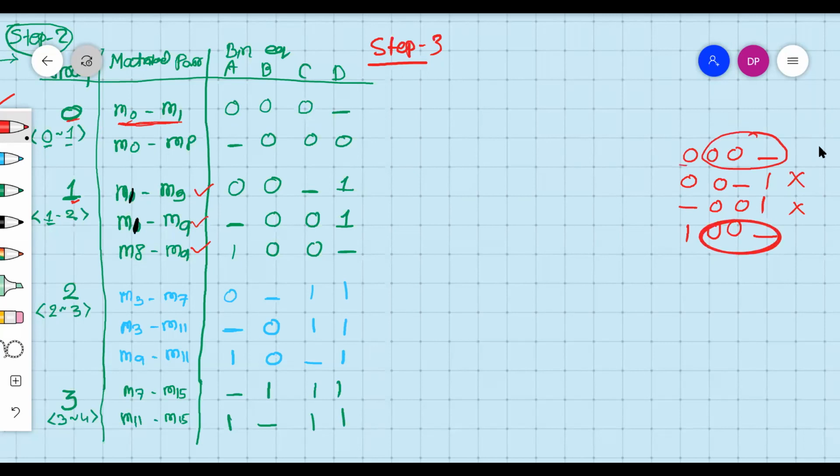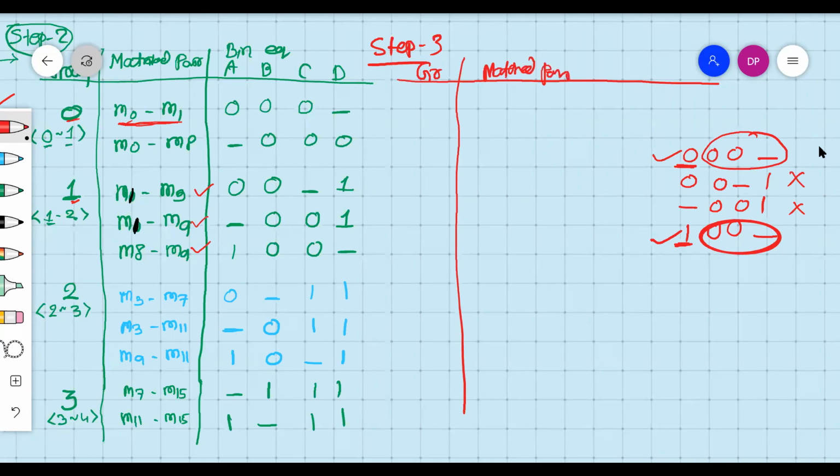The only difference is in this bit. So these two will be a matched pair. So let's make the table here as usual. I'll take the group, then matched pair, then we will take the binary equivalent.